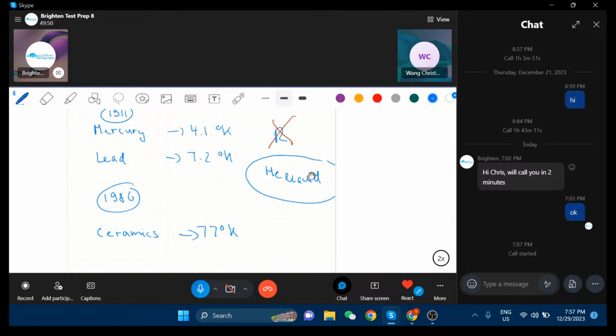Whereas here, we could achieve that with liquid nitrogen. And that's much more easily available, because it has a much higher boiling point, whereas helium does not. So that's available in abundance, comparatively. And that's how it started.